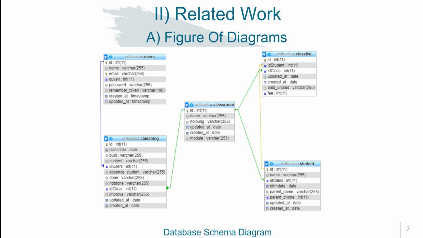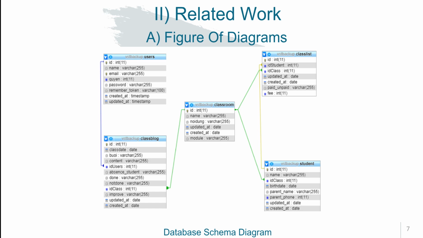In class list, you can follow how many students are in that class and whether they have paid fees or not. The class can also count the money for that class, and count all students who have paid or unpaid.